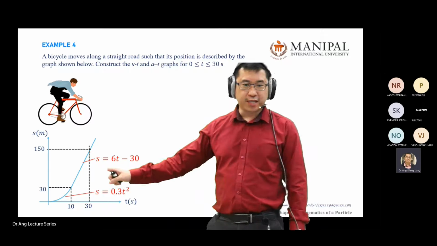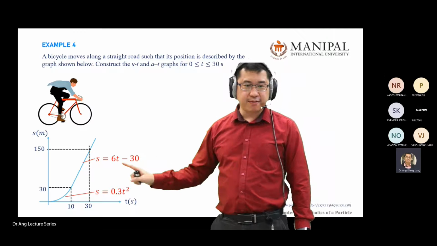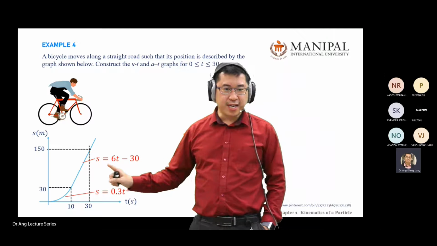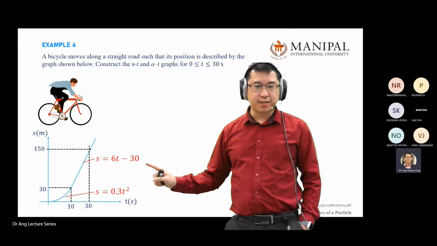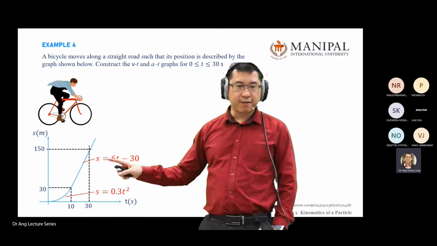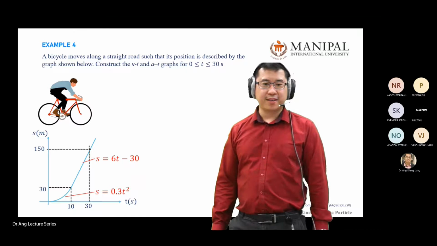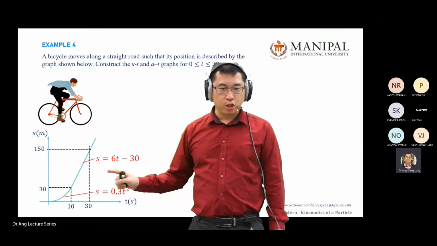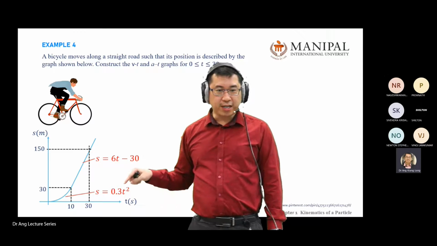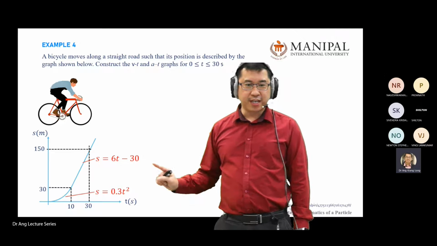That's why you see a linear graph. This is a linear equation, S equal to 60 minus 30. A linear graph means you speed up with the distance. So this is a quadratic curve, and this is a linear equation.